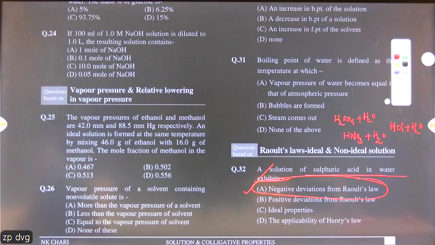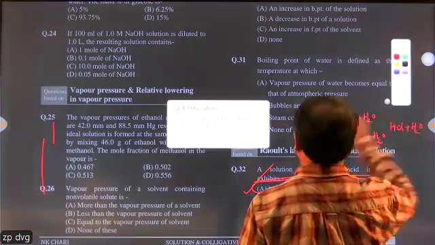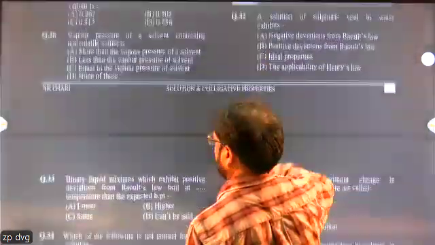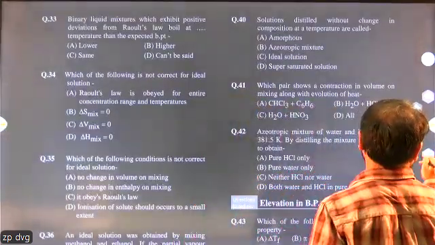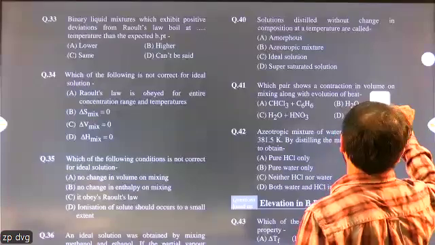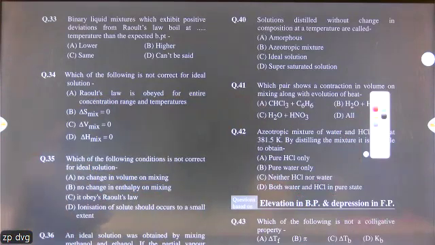Next one, question number 33. Binary liquid mixtures which exhibit positive deviation from Raoult's law boil at a temperature than expected.